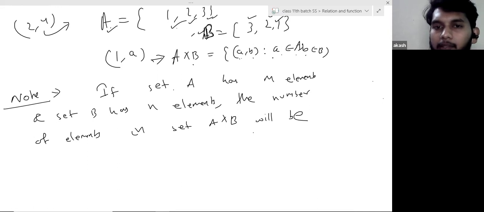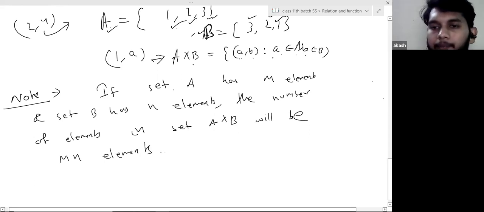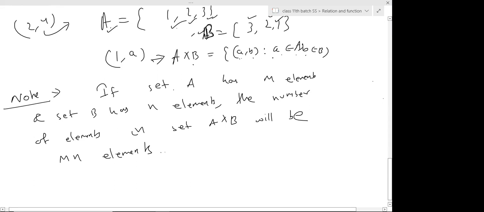If we have 4 elements in A and 3 in set B, m into n. m into n, absolutely right. m n elements. Is it clear enough? Yes, sir. All right.